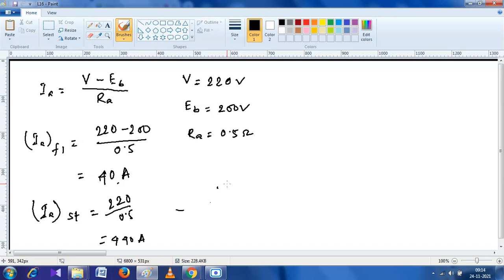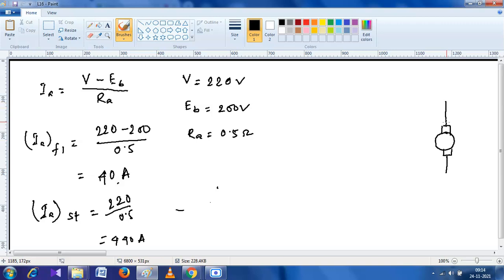So what should we do? We have to control the current through the armature path, where a high current will flow.